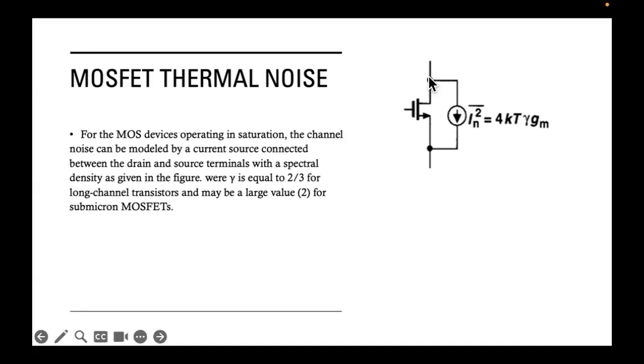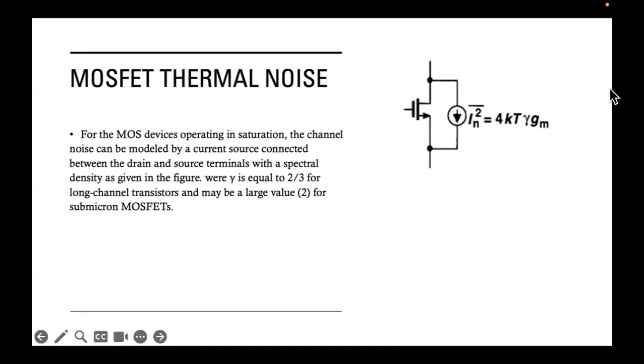As you can see, this is the source point and this is the drain point, and we introduce here a current flow from the source to the drain, representing a noise current due to the equivalent channel resistance seen between the source and the drain. So it's still a thermal noise. That's why we call it MOSFET thermal noise.